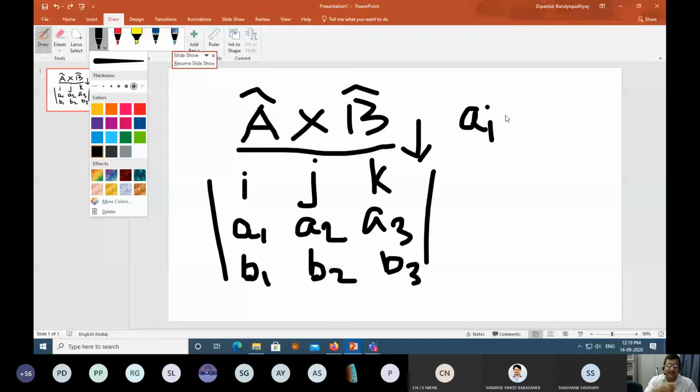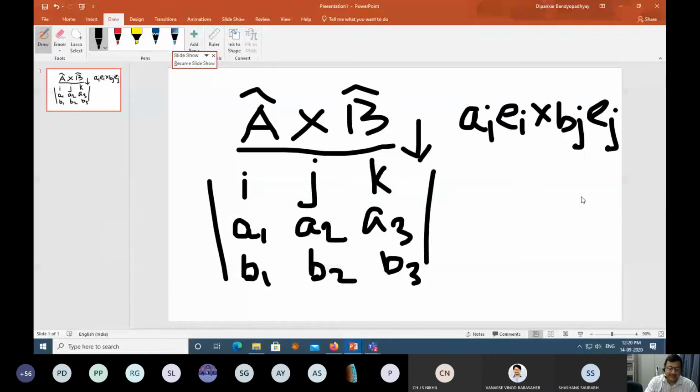If I have A and I have B, these have two different directions. If I take a cross product between these two, the cross product will be perpendicular to both A and B. This is the definition of the cross product.